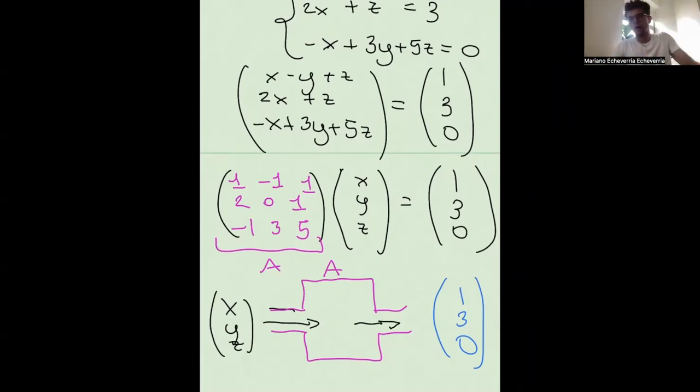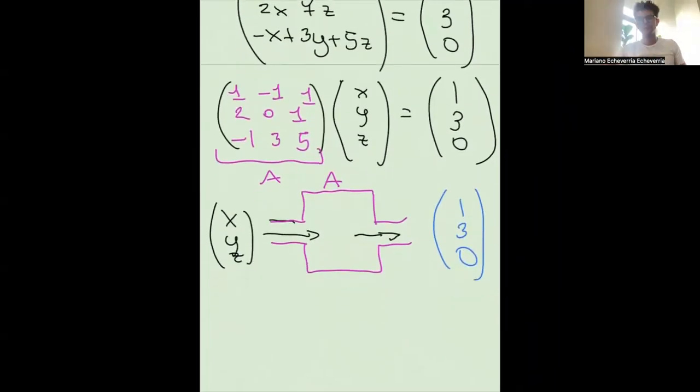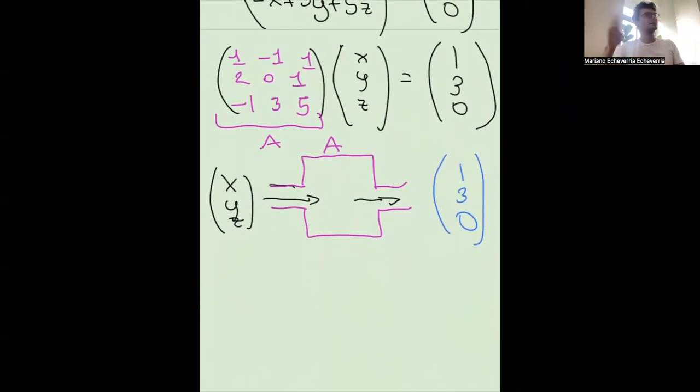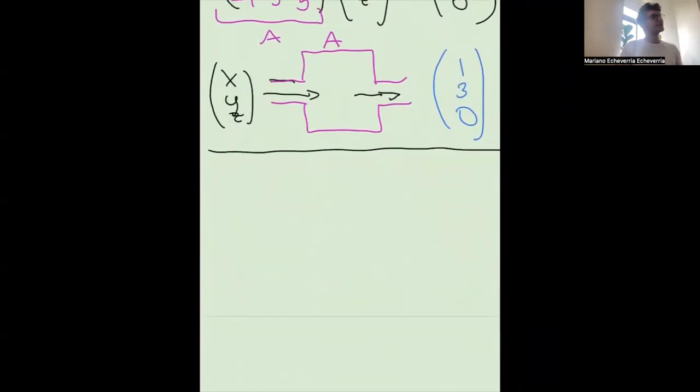Okay, and so let's do one more before I tell you what this looks like in general. Here's another example, which is a little bit nicer, and you'll see why it's maybe more interesting than the ones we have been doing.